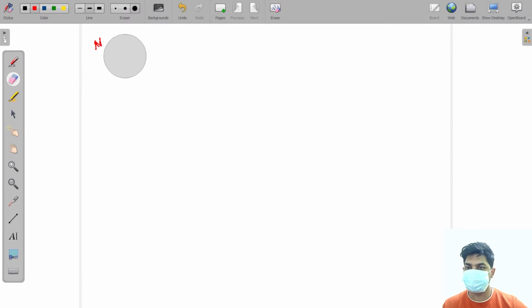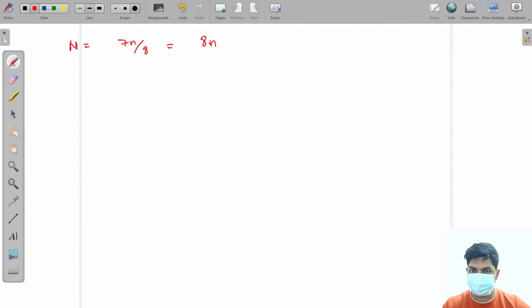7n by 8 can be written as something like this: 8n minus n divided by 8. So if you can calculate this part, this is equivalent to this part only.